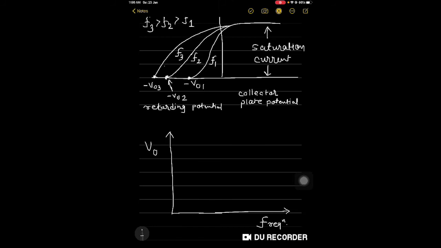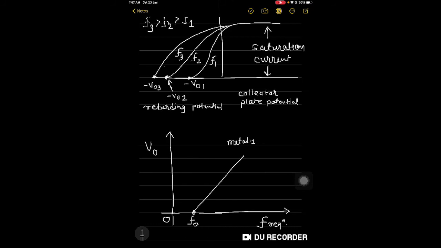If we consider different materials, suppose metal 1, we have stopping potential at a particular value, and it will increase gradually. For that we have some threshold frequency at which the photoelectric effect will start.